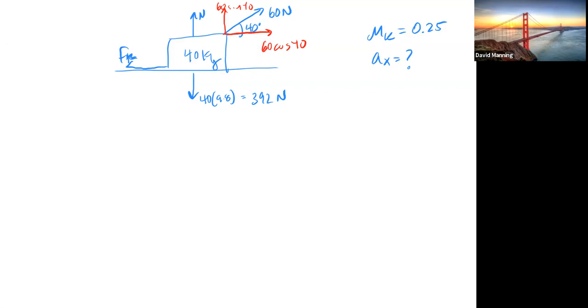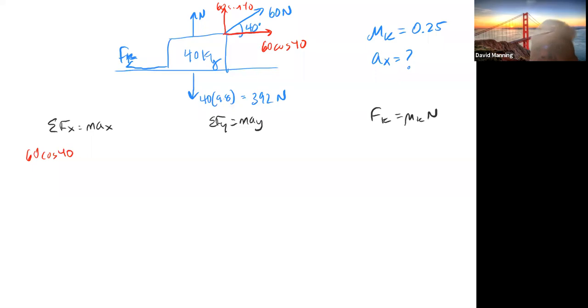So a couple of you are finishing up, so I'll just finish out the problem. Sum of the forces in the x equal max. Sum of the forces in the y equal may. Fk equals mu k times N. 60 cosine 40 minus Fk equals max. N plus 60 sine of 40 minus 392 equals 0, right? We're not accelerating in the y.